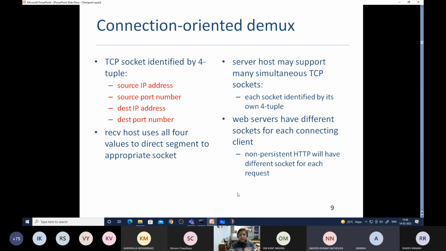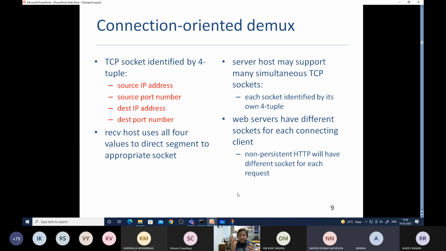A TCP socket at the server end will be identified by source IP, source port, destination IP, and destination port. The receiver host has to use all these four values to direct a segment to the appropriate socket.